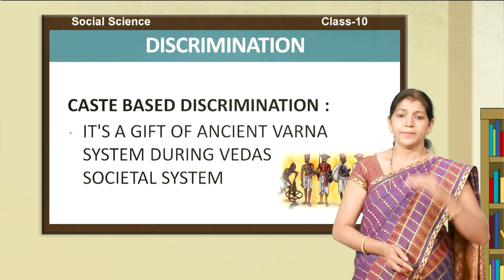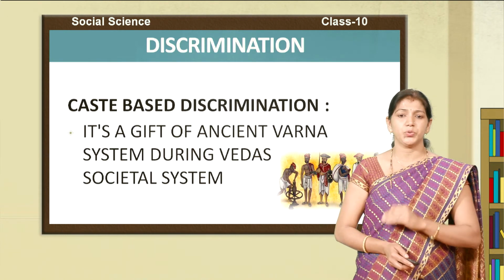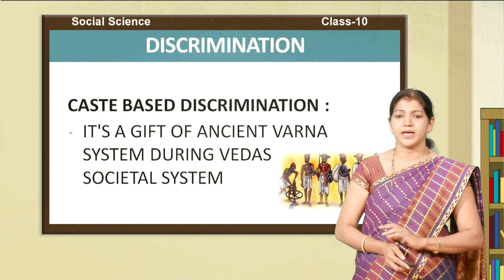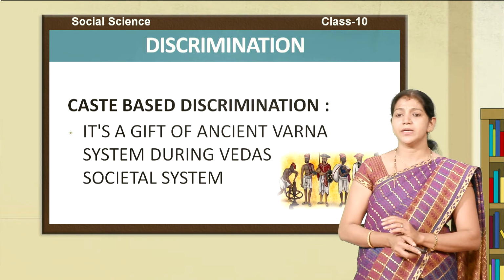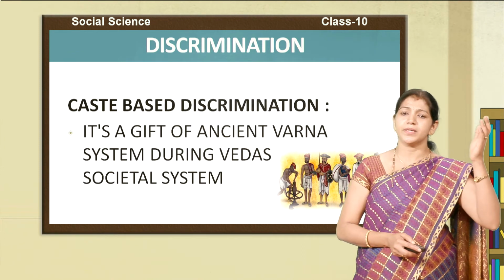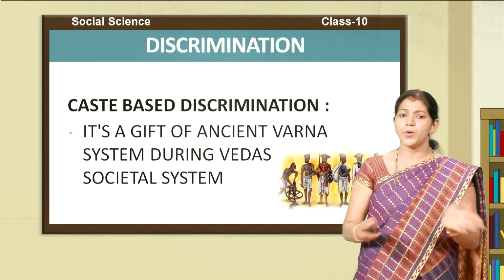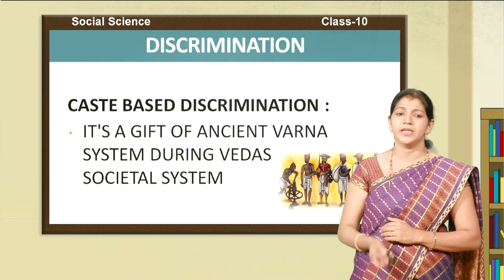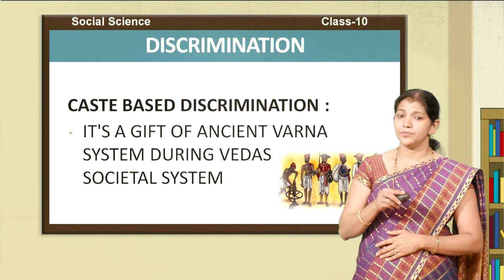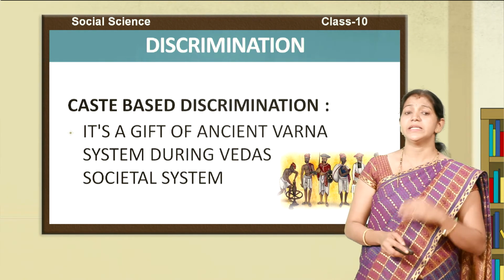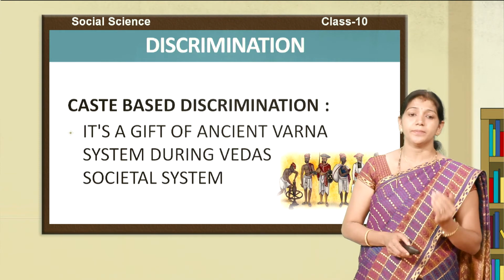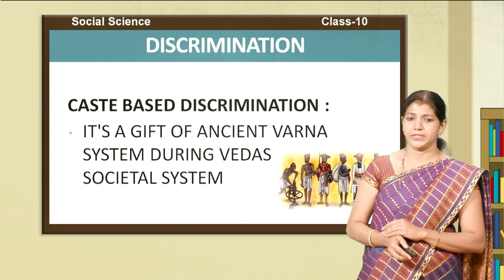First of all, Brahmana, Kshatriya, Vaishya, Shudras: these four classes were introduced in the Varna system. Later it became upper classes and lower classes, rich and poor. This type of discrimination started in society. So the ancient Varna system is the base of caste based discrimination.